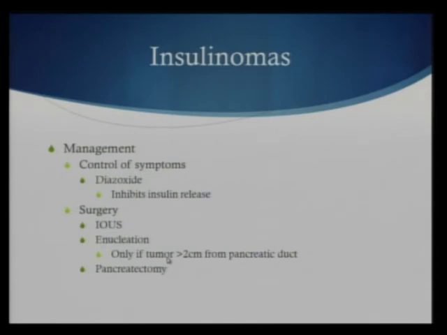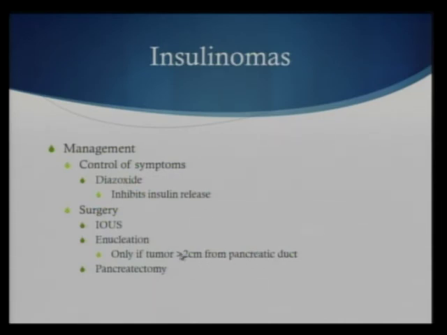Based on one of the questions on the score, when I looked it up, I didn't find it, but based on one of the answers, you can only enucleate if the tumor is greater than 2, and this is actually millimeters, not centimeters, from the pancreatic duct. Again, I didn't find it anywhere else.